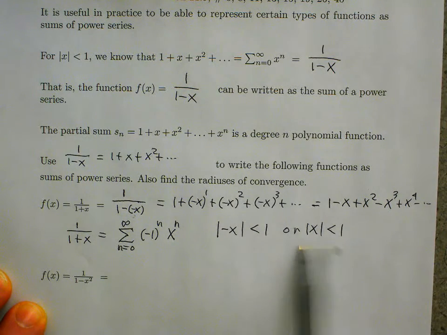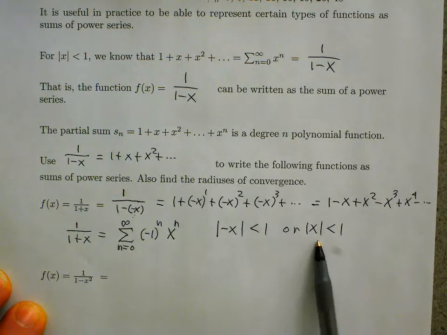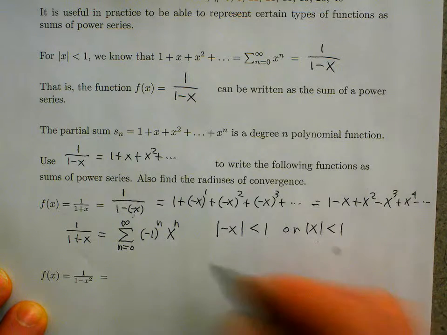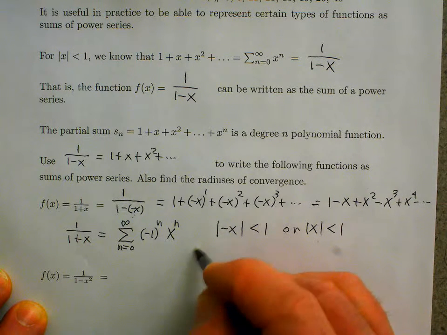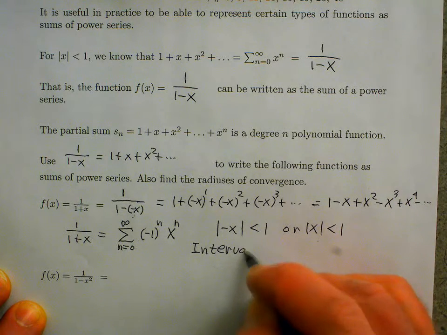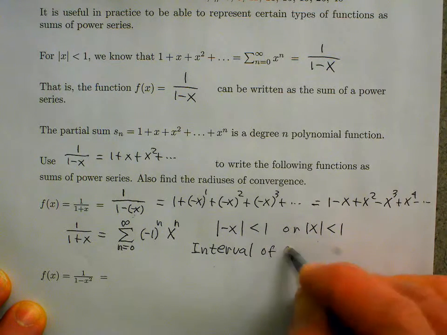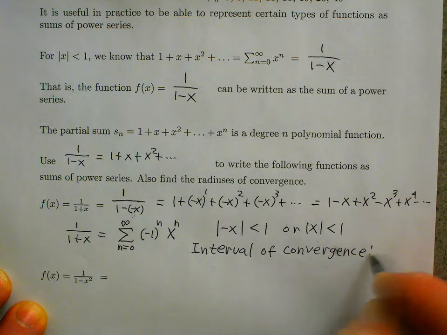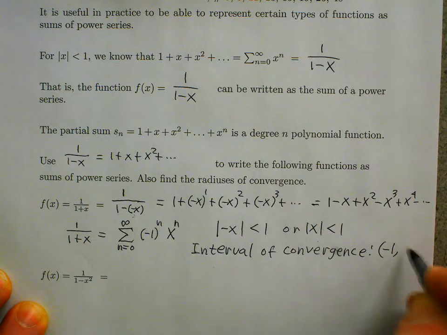So the radius of convergence is 1, and the interval of convergence is the open interval from negative 1 to 1. So make note of that, interval of convergence, from negative 1 to 1.